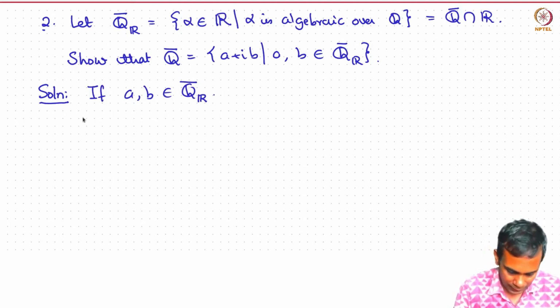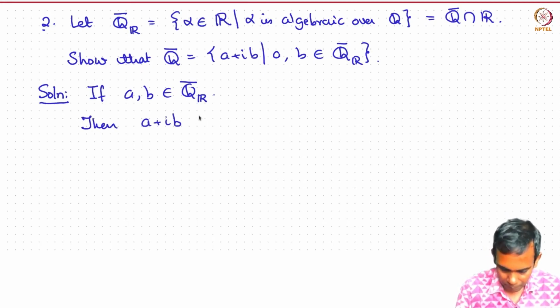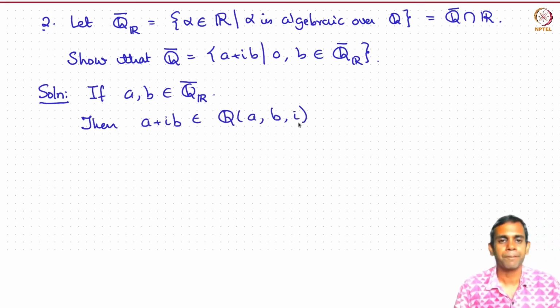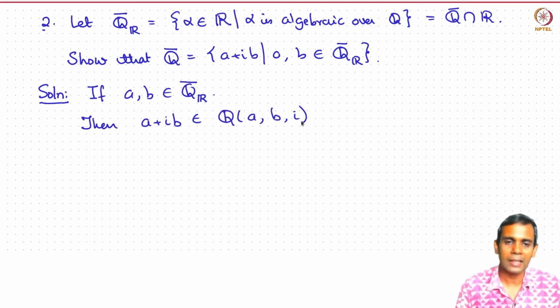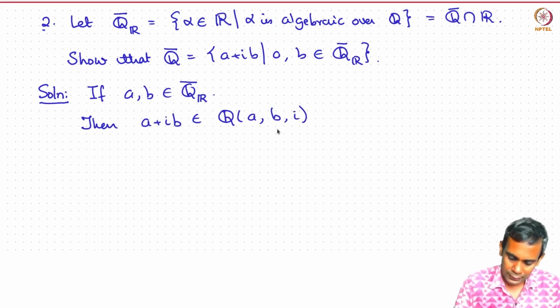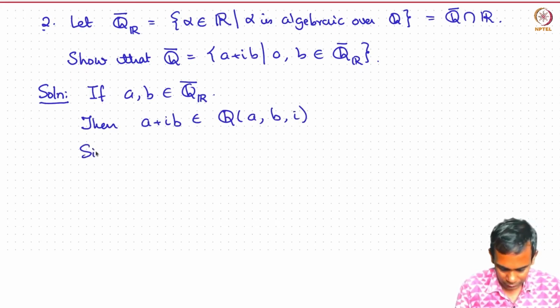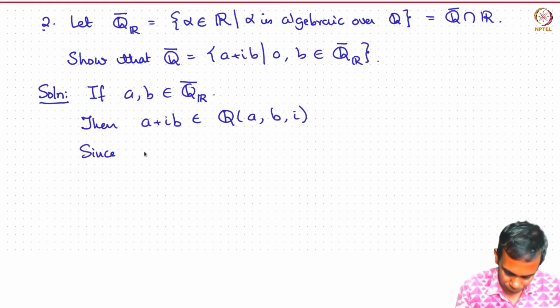Then A plus iB belongs to the field generated by Q, A, B and i. But A, B and i are all algebraic, so this is a finite extension of Q.